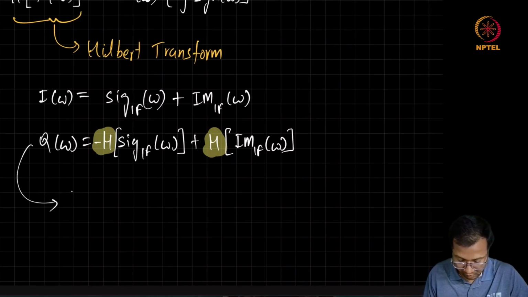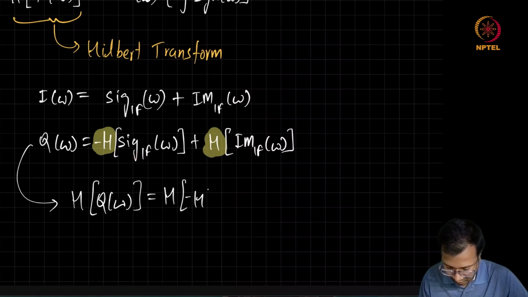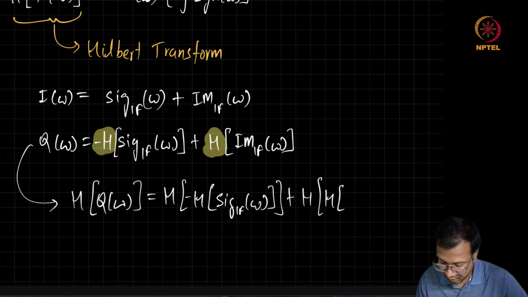If I apply the Hilbert transform to Q of omega, it gives rise to the same signal which we started with, whereas it negates the image component.